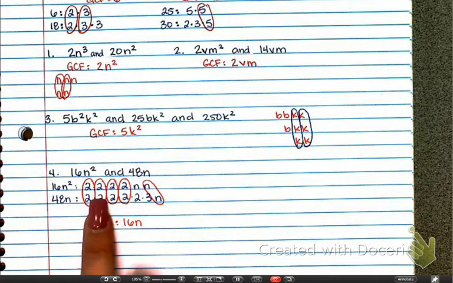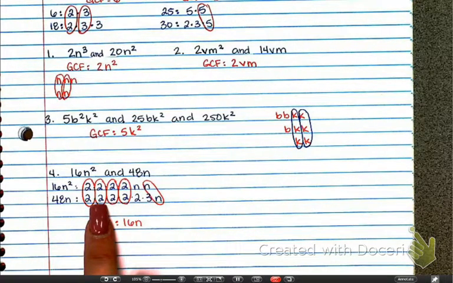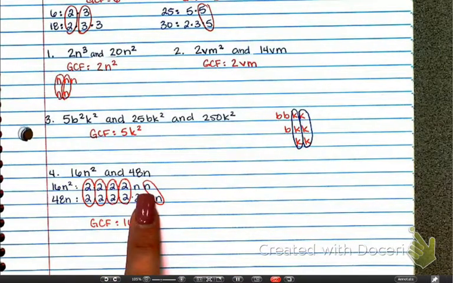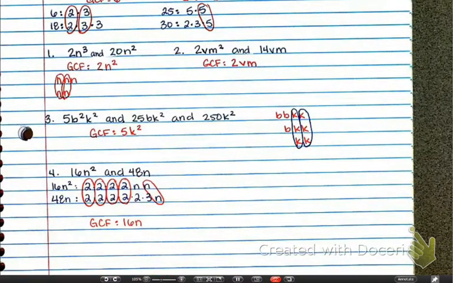I know you know how to do a factor tree because we've spent all semester doing a factor tree, and I know you know what n squared means if you break it apart. So if you're struggling finding the greatest common factor, do this. It may not be for all of them, but some of them it might be. It may not be for the numbers, but it may be for the variables. Don't just guess because you're going to get it wrong. You have something to show you how to work it out.